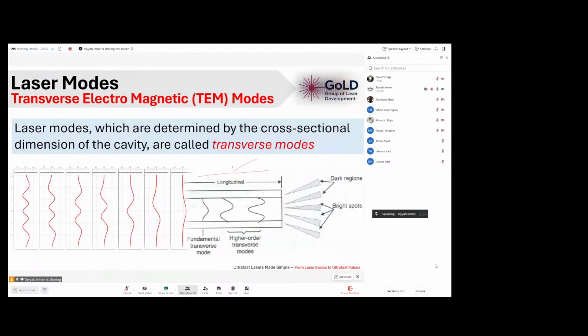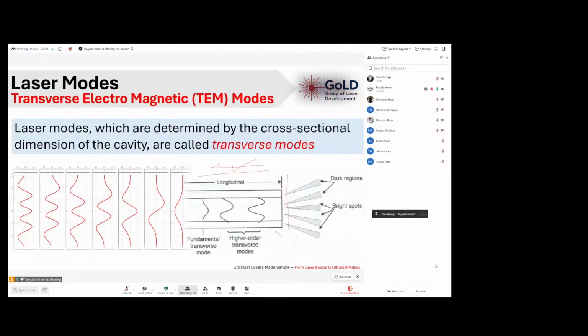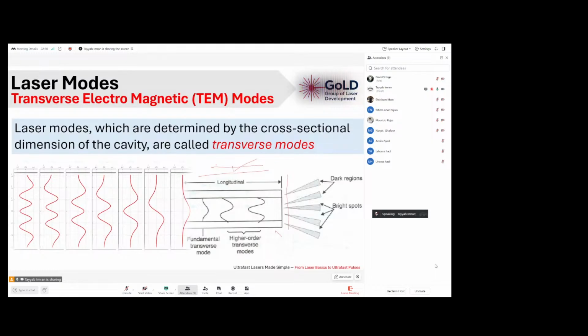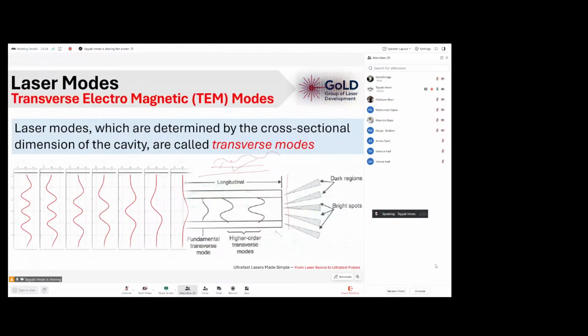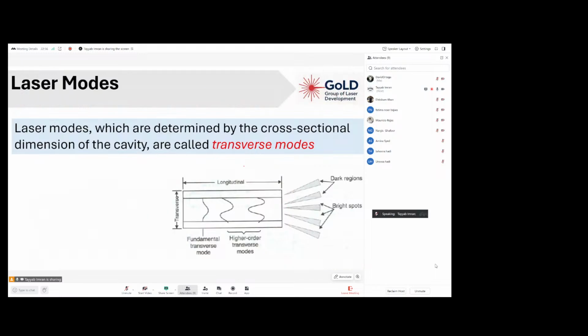Cross-sectional dimension means the width and height as well. In the case of longitudinal modes, we know that different frequencies exist in the cavity, like this and this and this.